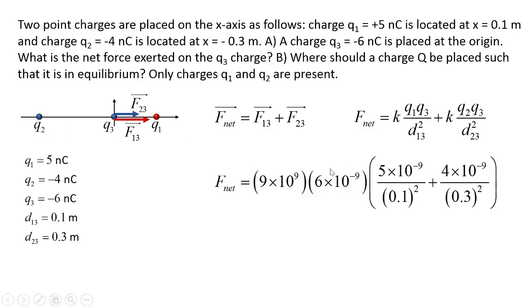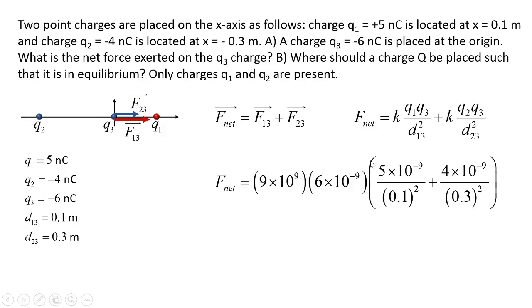So when you replace the charges in Coulomb's law, in the expression for the electric force, you always replace them with their magnitudes, and you have already taken into consideration what type of charges they are by looking at the direction of the force.